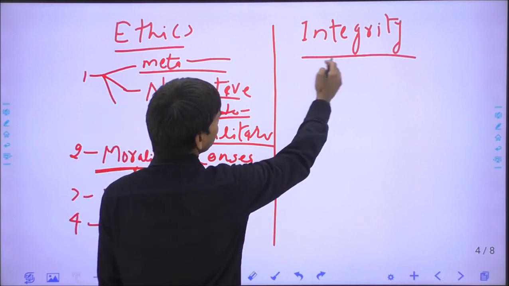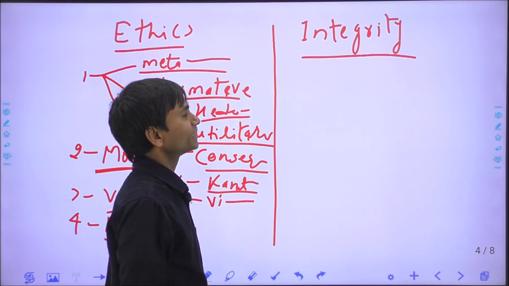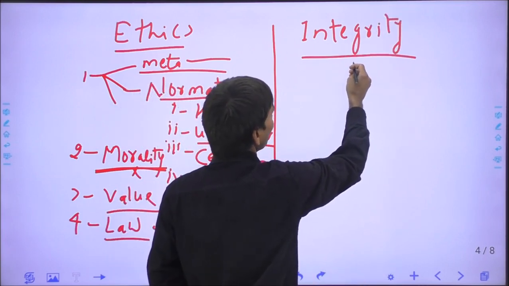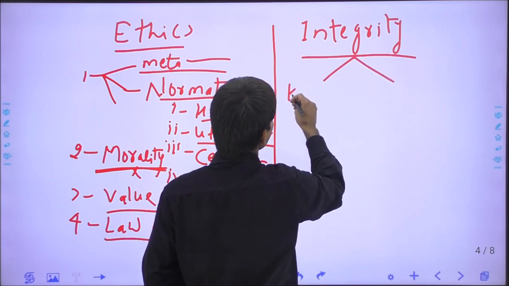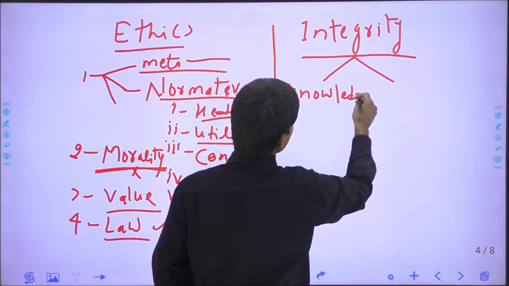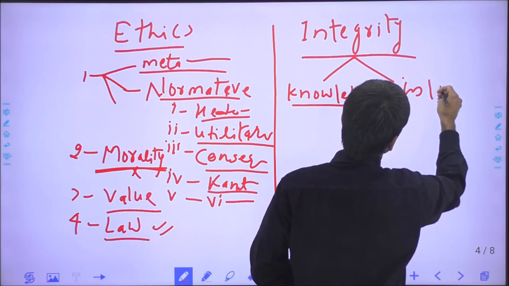So there are some topics here. Integrity. What do you mean by integrity and what are the bases of integrity? Generally integrity requires knowledge. So there are two aspects: knowledge and intelligence.